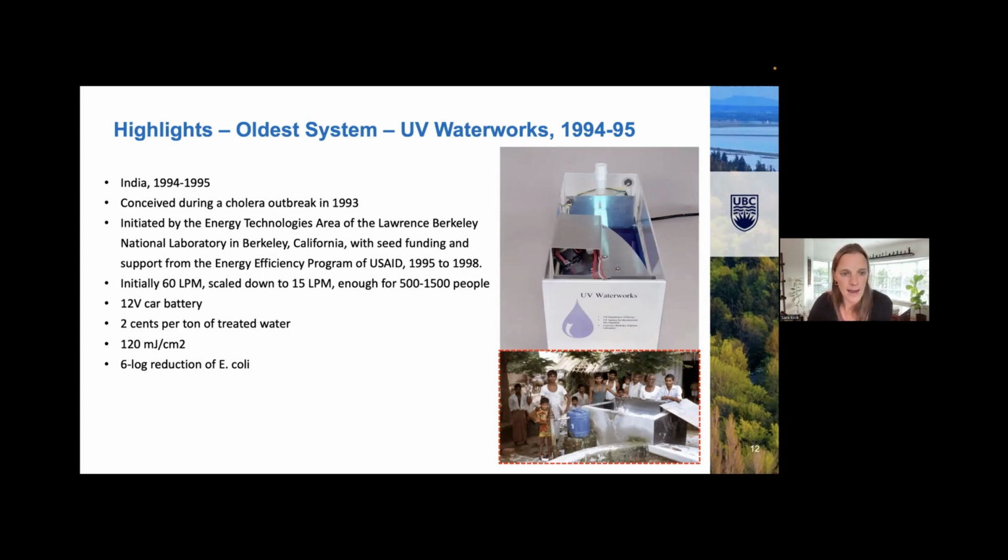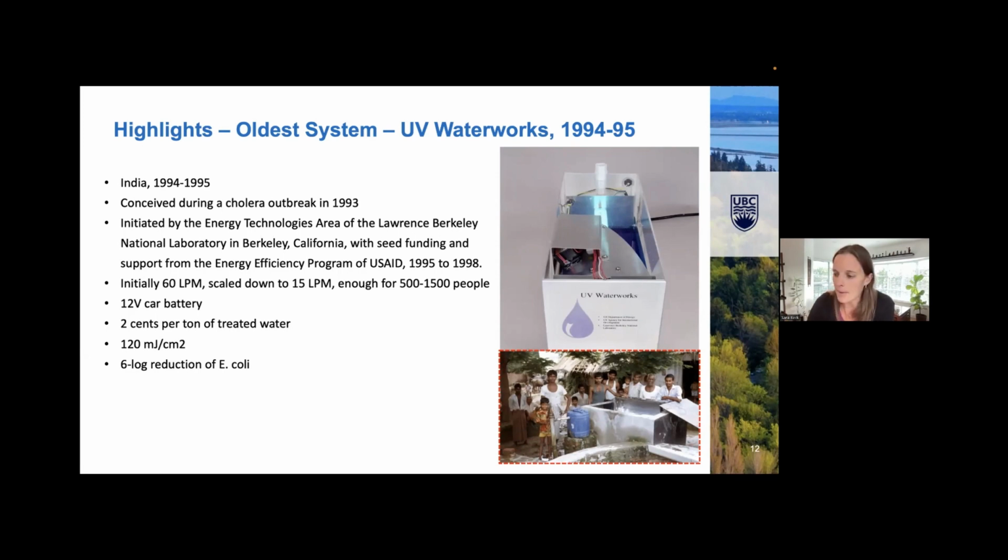Initially they had a system that was 60 liters per minute and found that was not necessary. So they scaled it down to 15 liters per minute. This was serving 500 to 1,500 people. And you can see the UV Waterworks system, it's encased by this concrete box. Contaminated well water was treated through that system.